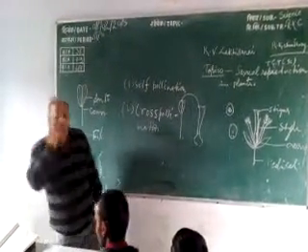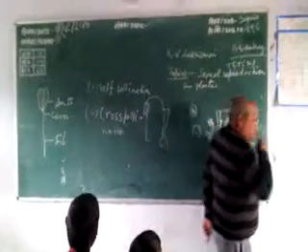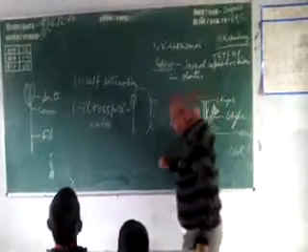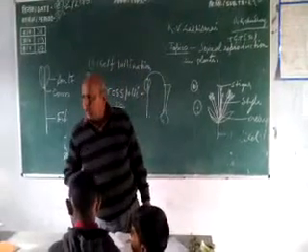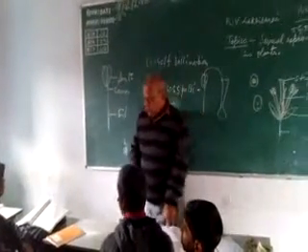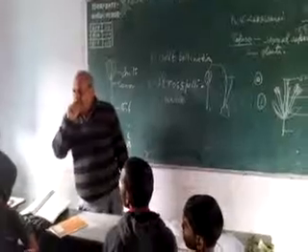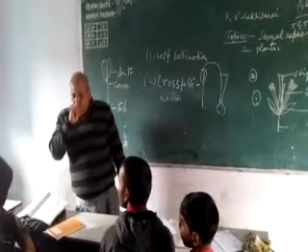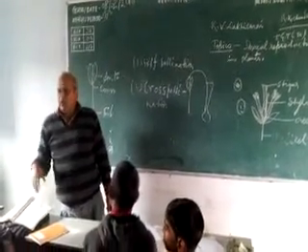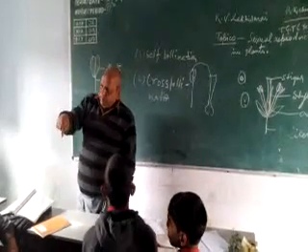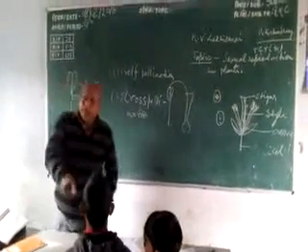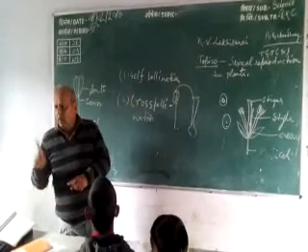Second, cross-pollination. What is the meaning of cross-pollination? The transfer of pollen grain from anther to stigma on the other flower of the same plant, or another plant of the same species.